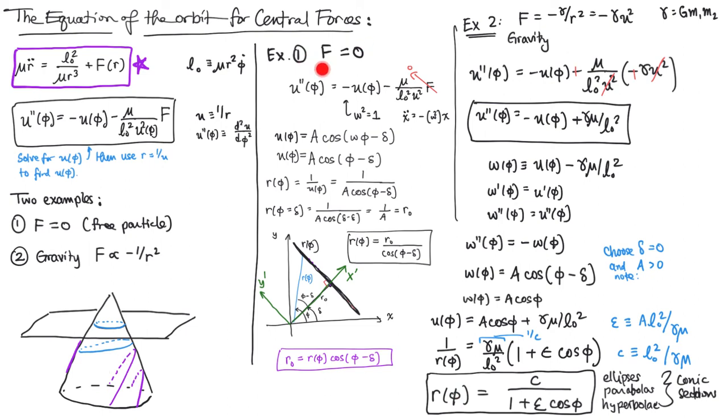We found if there's no interaction between the two particles, then r as a function of phi will be a line. If there is a 1 over r squared interaction between the particles, then we get these conic sections. And we'll describe in more detail the features of these conic sections in a future video. But for now, we're going to stop here.